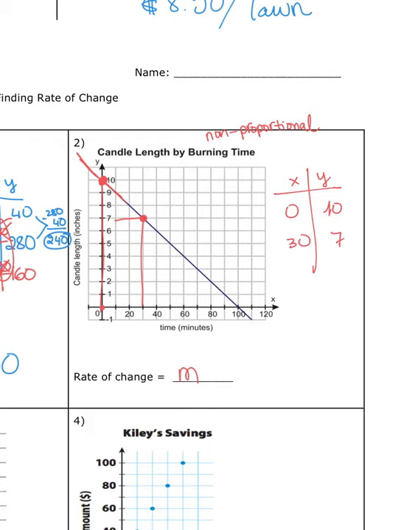Okay, change in y divided by change in x. So 10 minus 7 is 3. Top minus bottom, 0 minus 30 is negative 30. So your rate of change will be change in y over change in x.